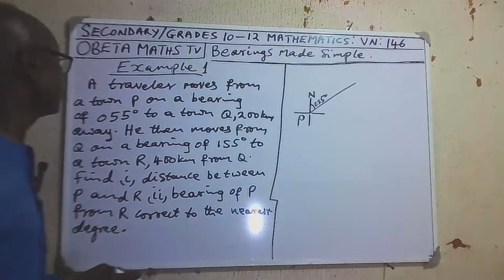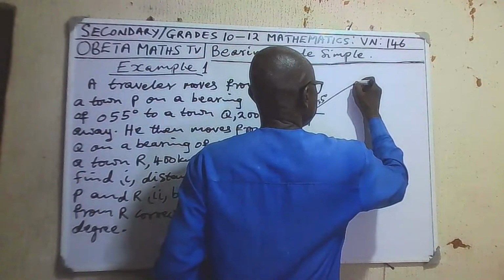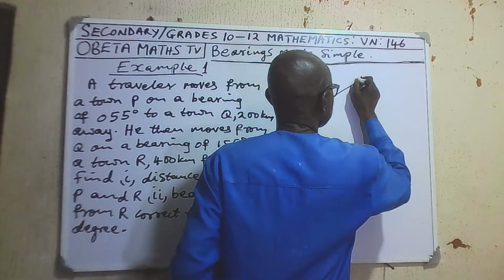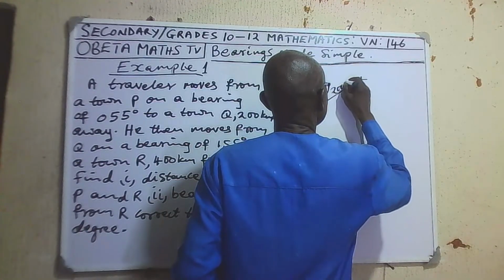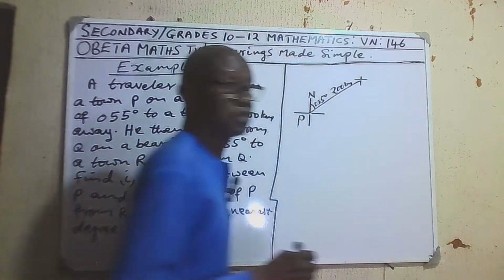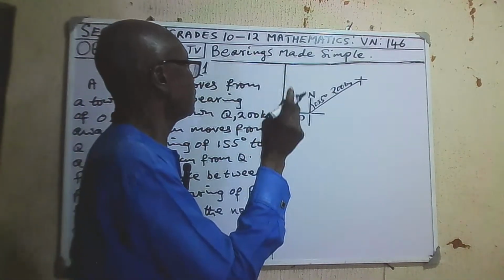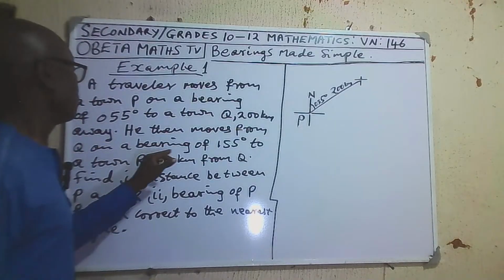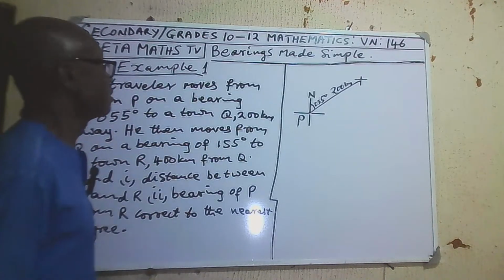And then he traveled how many kilometers? 200 kilometers. So on reaching this point, he stopped. This is 200 kilometers. Then instead of continuing, he changed his direction and started traveling on a bearing of 155 degrees.